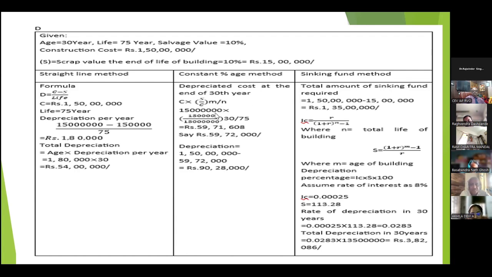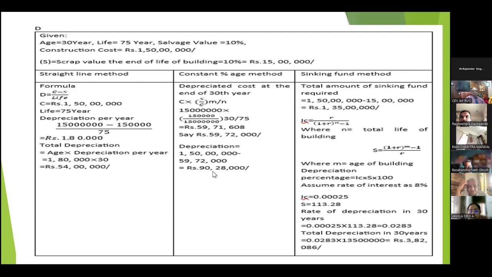So this is depreciated value, but you need depreciation. आपको डेप्रीसिएशन चाहिए, डेप्रीशिएटेड वैल्यू नहीं चाहिए. तो अब आप क्या करोगे कि ओरिजिनल कॉस्ट में से डेप्रीशिएटेड वैल्यू निकाल लोगे, वो आपकी डेप्रीसिएशन आएगी. यहाँ पे कांस्टेंट परसेंटेज मेथड में ये याद रखना है कि वो आपको डेप्रीसिएशन डायरेक्टली नहीं देता, it gives you depreciated cost. And if you have to calculate depreciation, you have to subtract depreciated cost from the total or original cost.